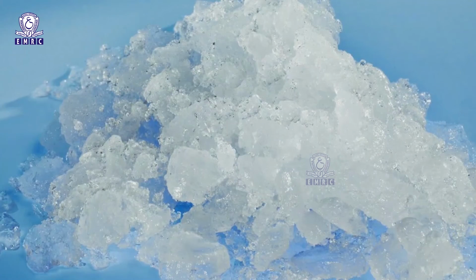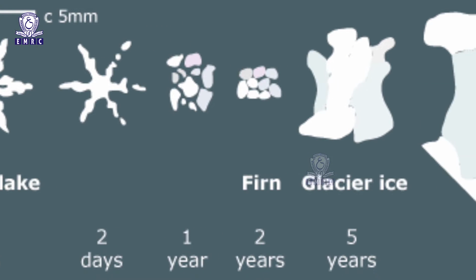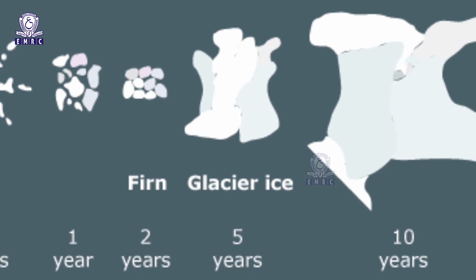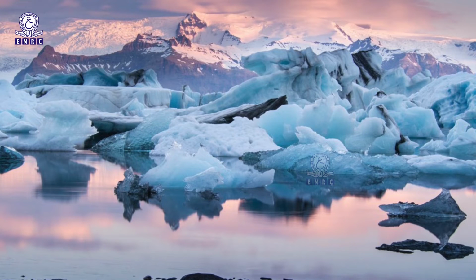As the snow compacts and turns into granular ice, it is then compressed by the overlying layers into hard crystalline ice. Glaciers originate in the snowfields through the transformation of snow into compact ice of the glacier.